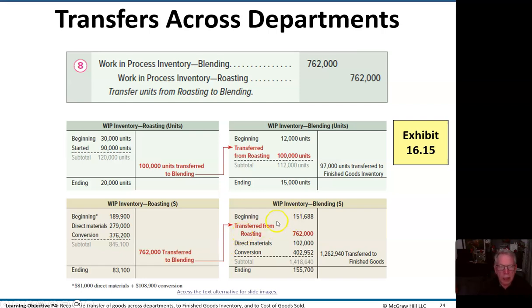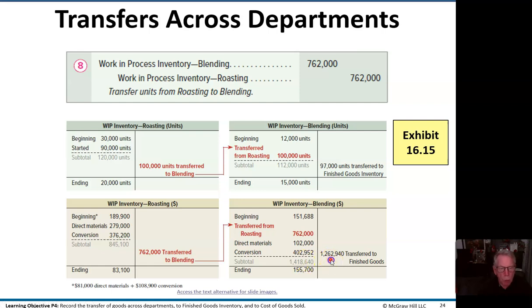And so then, as we moved to blending, our beginning inventory in dollars was $151,688. We moved the $762,000 from roasting. We had direct materials of $102,000 and conversion costs of $402,952, subtotal of $1,418,640.